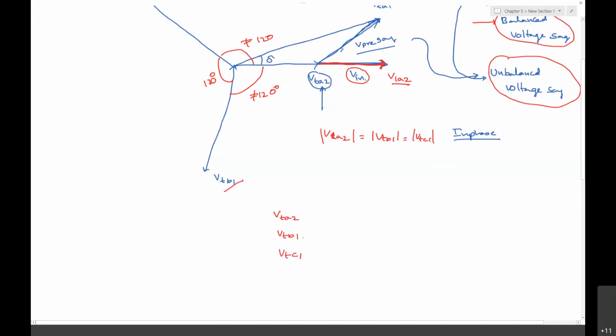This is very well equivalent to VTB2, that is VLB2, because the B phase and the C phase in our case are healthy. VTC2 is equal to VLC2 also. These are all the healthy conditions because the voltage sag is only in phase A.